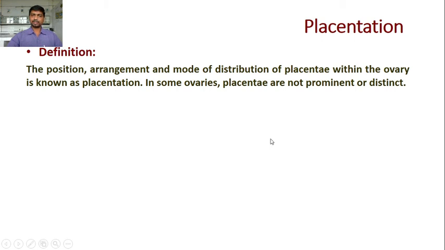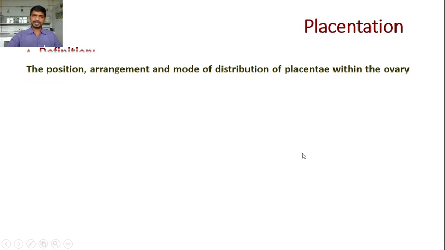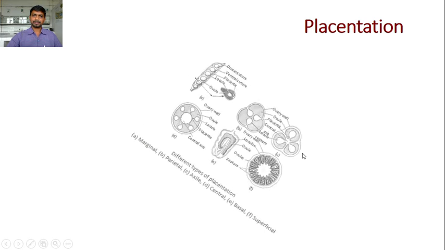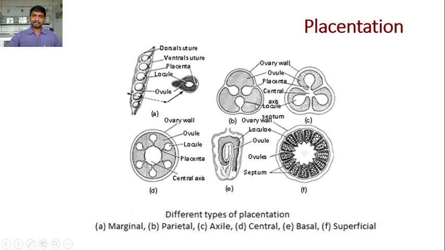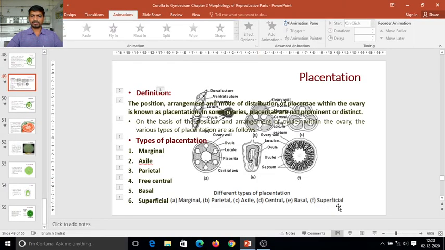Okay, there are 6 types of placentation: marginal, axial, parietal, precentral, basal and superficial. So this is all about the placentation.